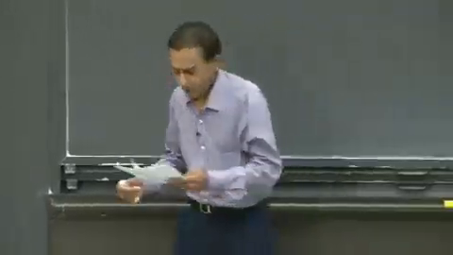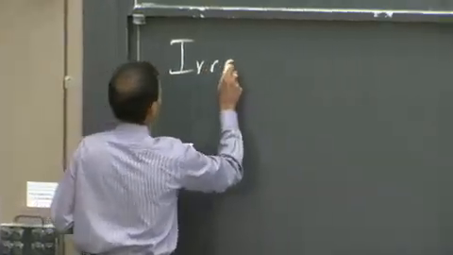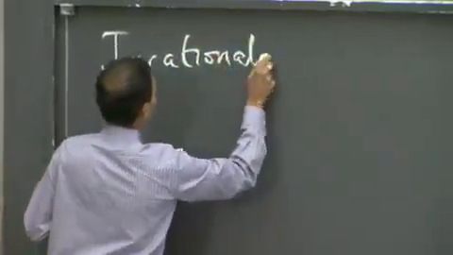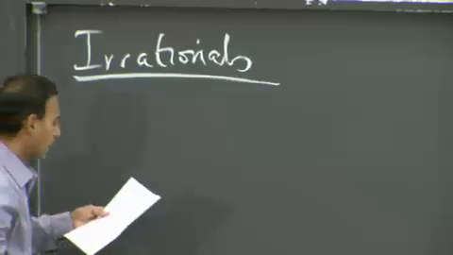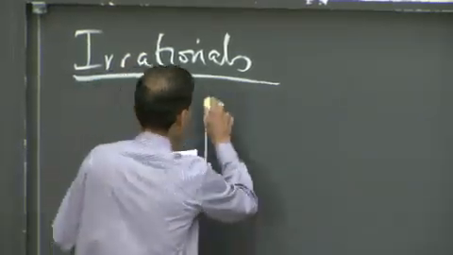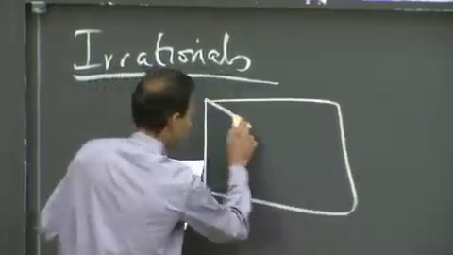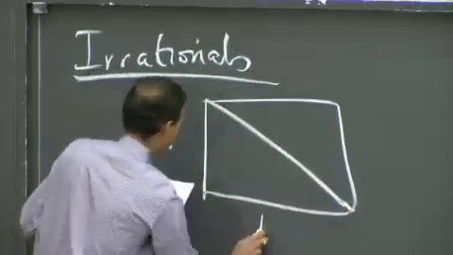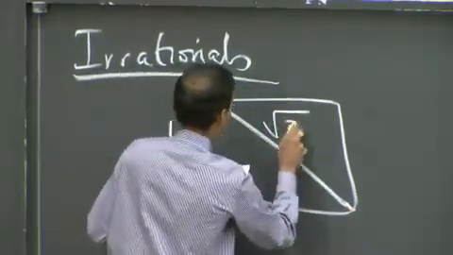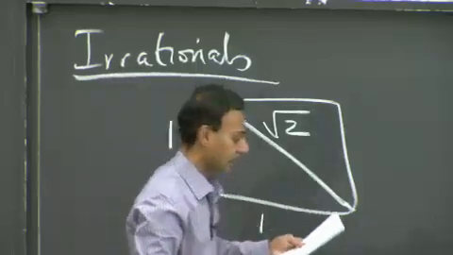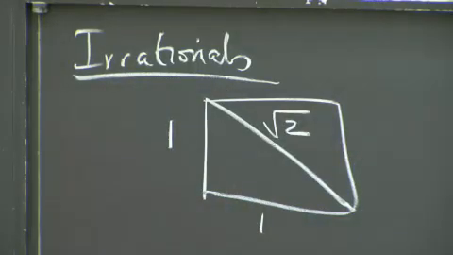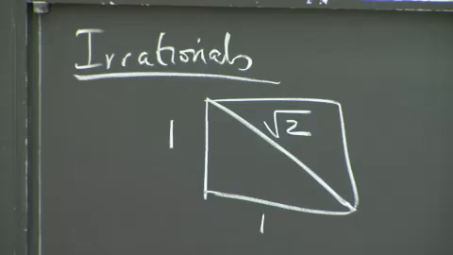All right? So let's start off by talking about irrationals. And Pythagoras, whom I'm sure you've all heard of, is credited with the discovery that a square's diagonal and its side are incommensurable.